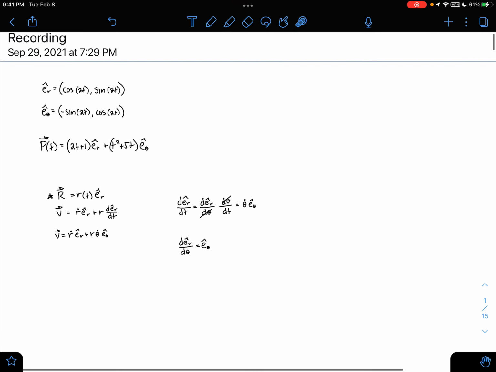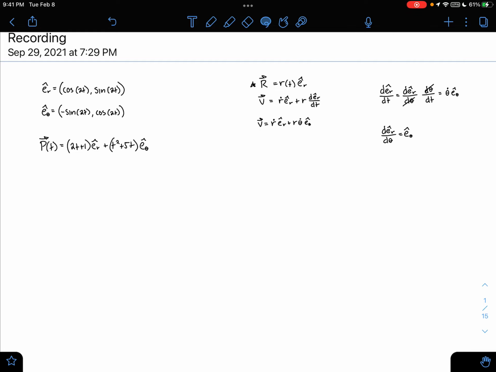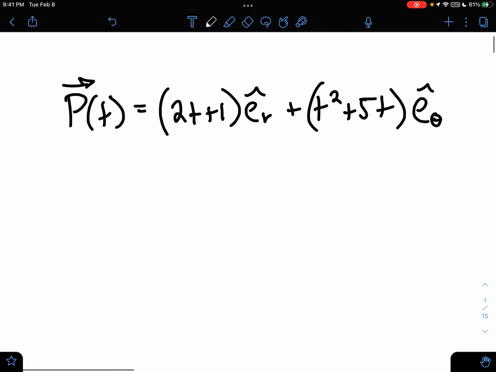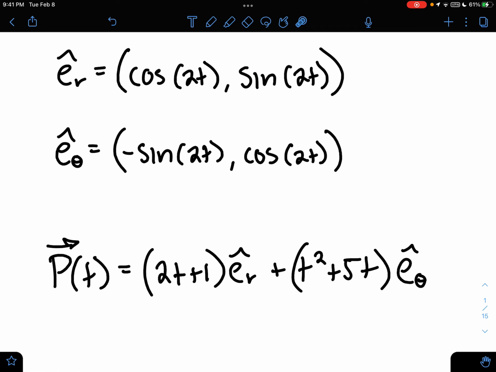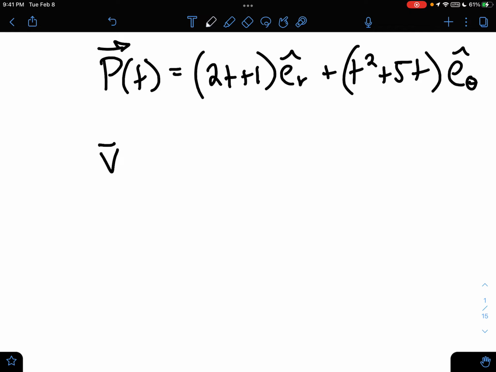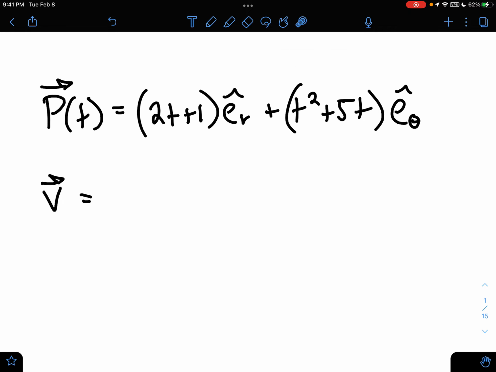So really we're applying the same principle here of using our product rule to work through all of this. Because we have a function of time multiplied by e_r, a vector function of time. So if we're taking the derivative with respect to time to get our velocity, I'm going to start with this.